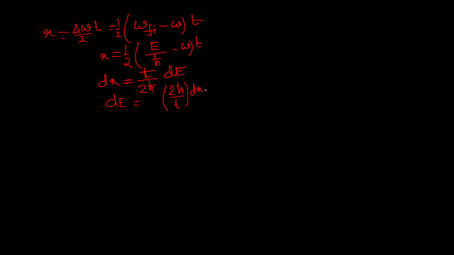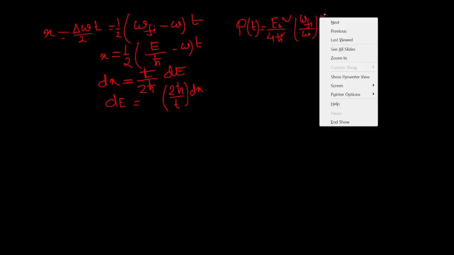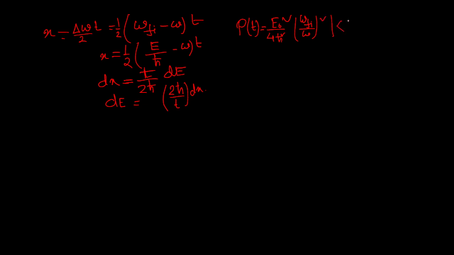Now if we incorporate all of these things in the equation, it becomes E0 square, sine square x by x square.